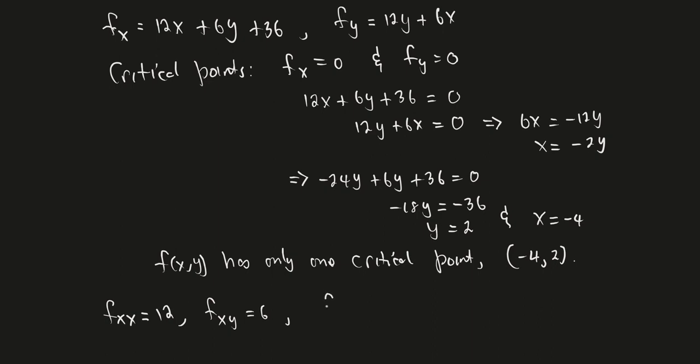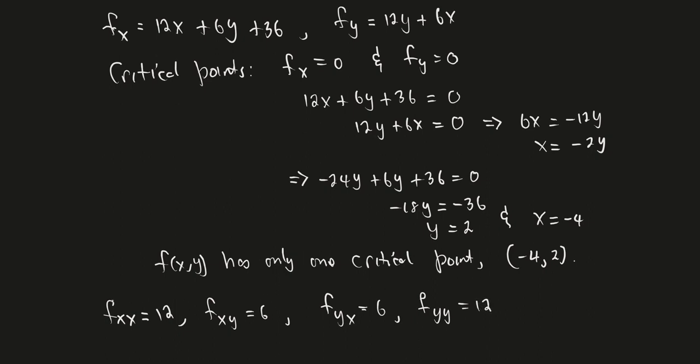And then let's do fyx. Well, that's also 6, and we expect these to be the same because, as stated by Clairaut's theorem, these mixed partials are going to be equal as long as everything is continuous, and polynomials are always continuous. And then fyy, differentiating this with respect to y, we get 12, right?